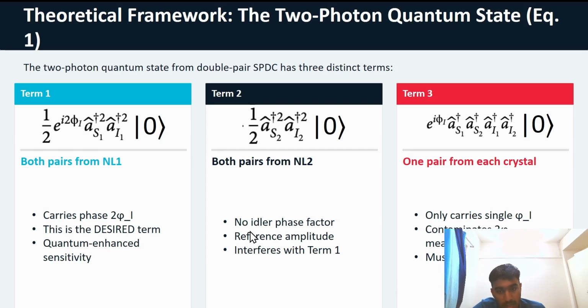When one pair comes from each crystal at the beam splitter, they constructively interfere to give two photons in a single output of the beam splitter, and this leads to only a pure 2 phi I signal in the coincidence measurement when we measure both the detectors at the same time. Due to the Hong-Ou-Mandel effect, the third term doesn't lead to a coincidence at both the detectors.